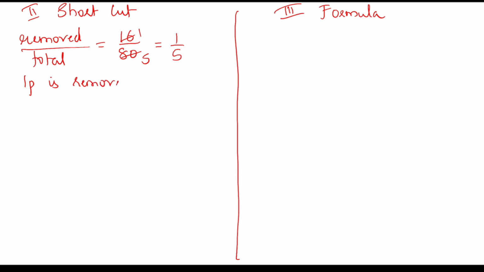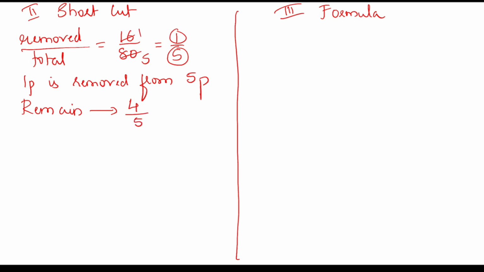One part is removed from 5 parts. So when 1 part is removed from 5 parts, how much will remain? 4 by 5.